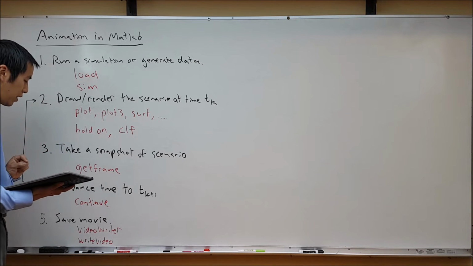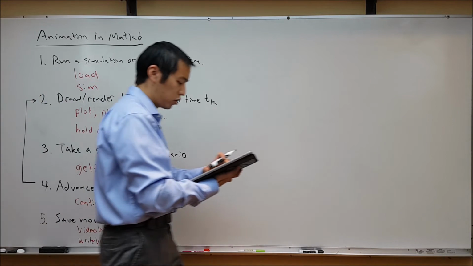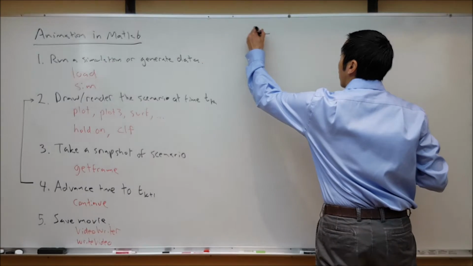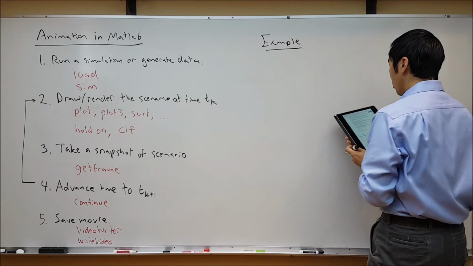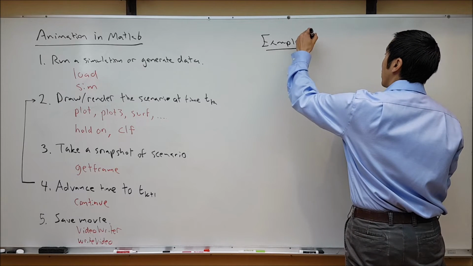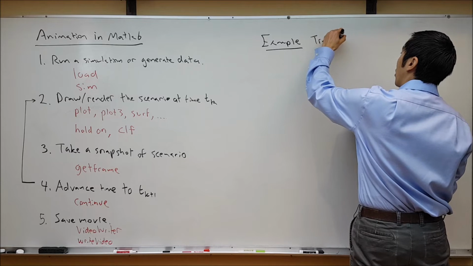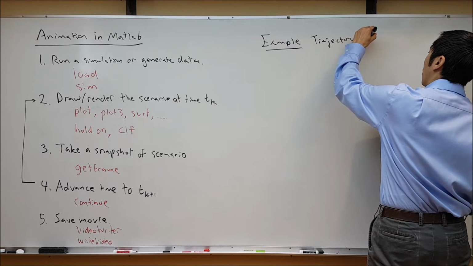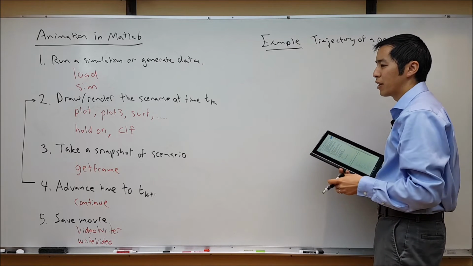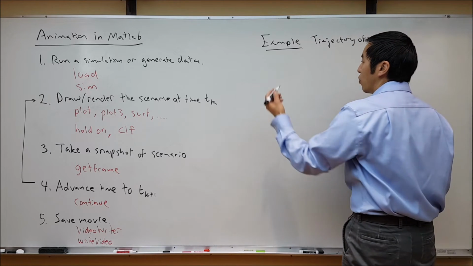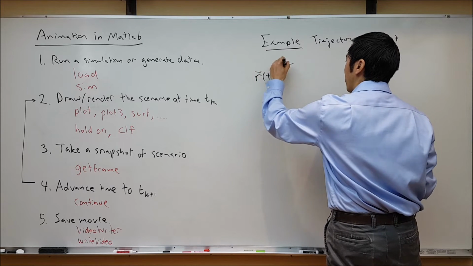Before we jump over to Matlab, let's talk about an example that we might want to animate. Let's take a look at how about trying to animate a trajectory of a point. So let's say I've gone ahead and run some simulation, or I have something which generates the trajectory of some point in space.